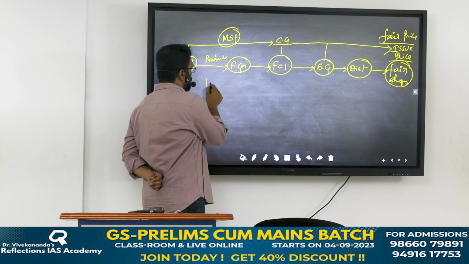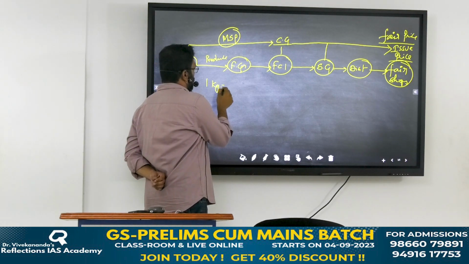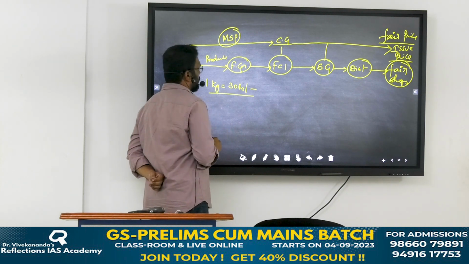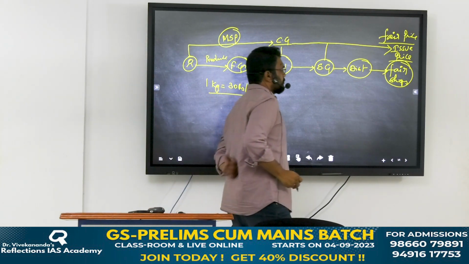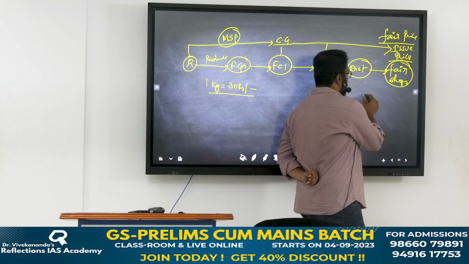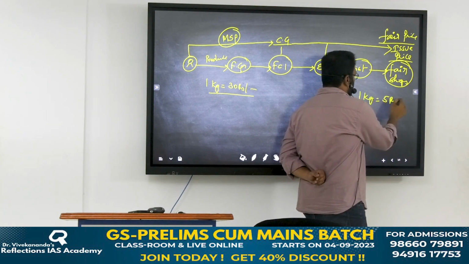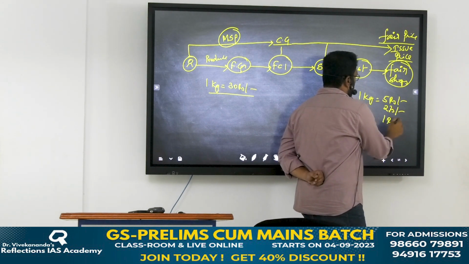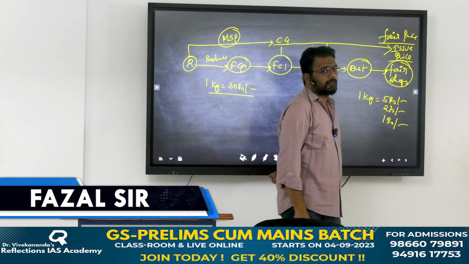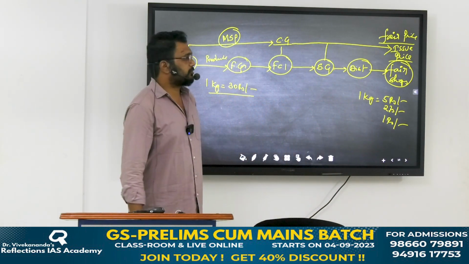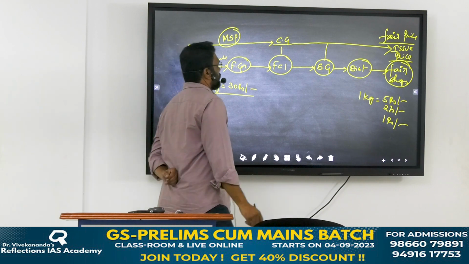Imagine 1 kg they buy at 30 rupees from the farmer. And how much do they deliver in the fair shop? 1 kg is equal to 5 rupees, 2 rupees, and also 1 rupee.